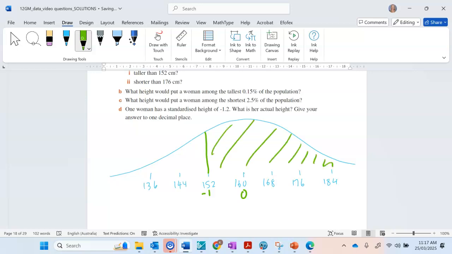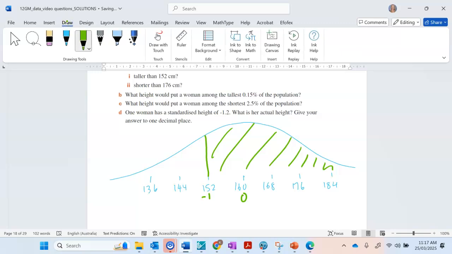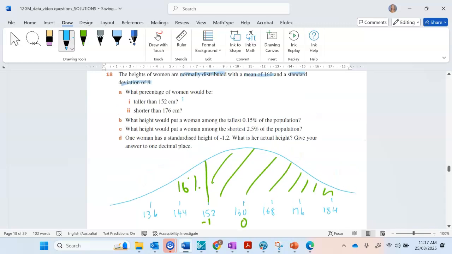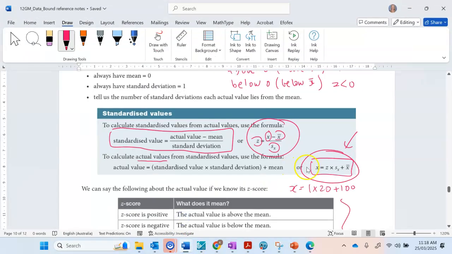There are two ways you can do this. We know that this section is 16%. So to calculate the section we want, we can do 100 minus 16, which gives us 84%. Or, if you like, which is a bit longer, but you can still do it this way.